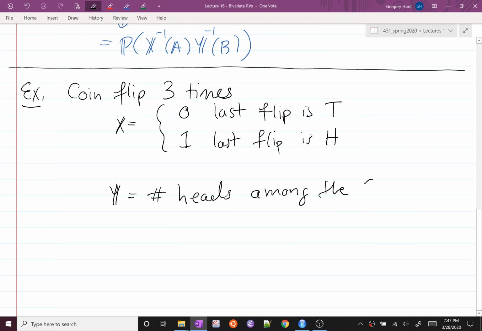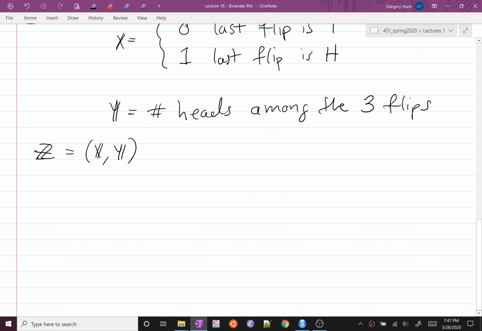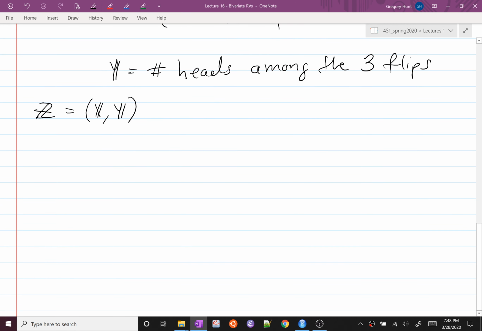And so if we look at z here, z is my bivariate random variable, x comma y. It is what we call a discrete bivariate, or bivariate discrete random variable, because each of the components is discrete. The first component takes on either 0 or 1, and the second will be 0, 1, 2, or 3. And we can represent z.